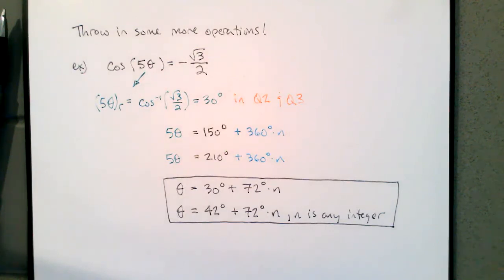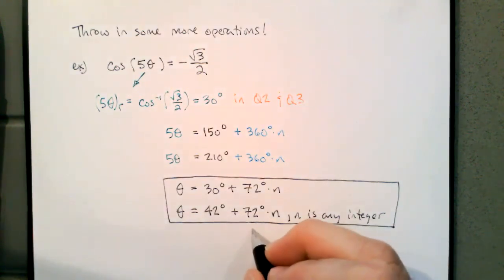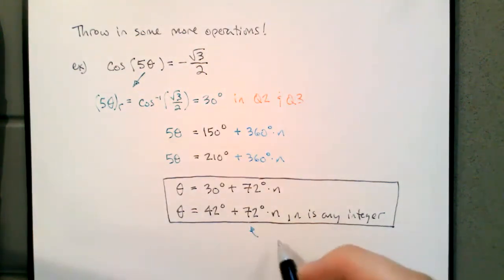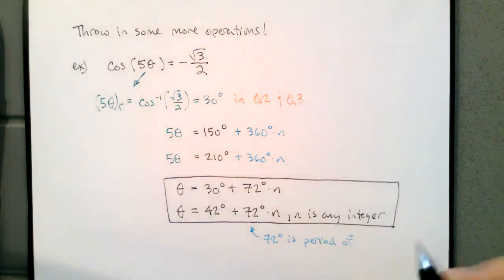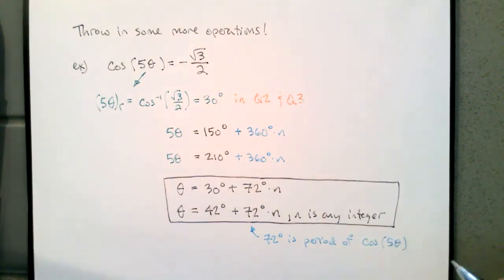If we look at the cosine of 5 theta, the period is 360 divided by 5, and that's the 72. So the 72 degrees that shows up here is the period of cosine of 5 theta.